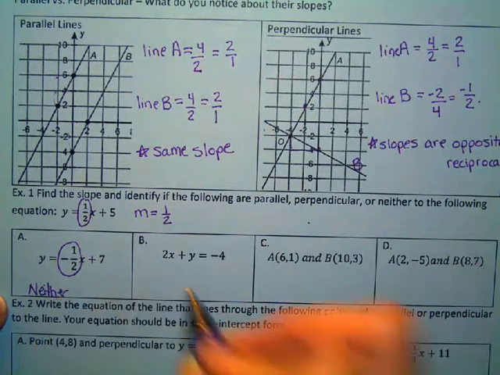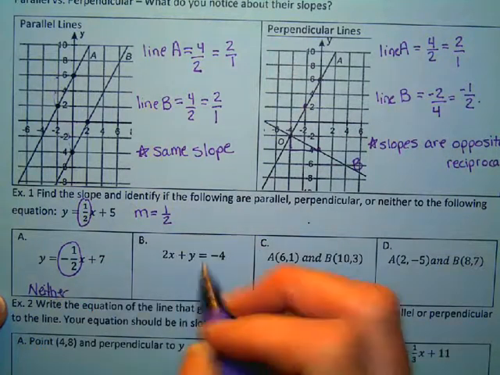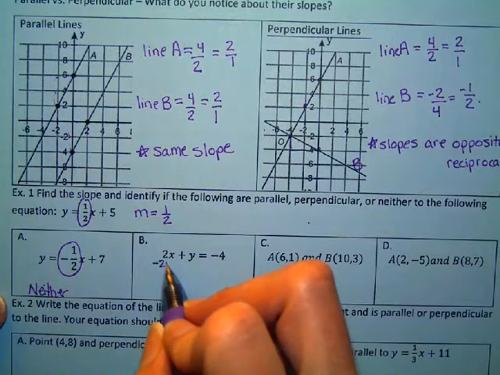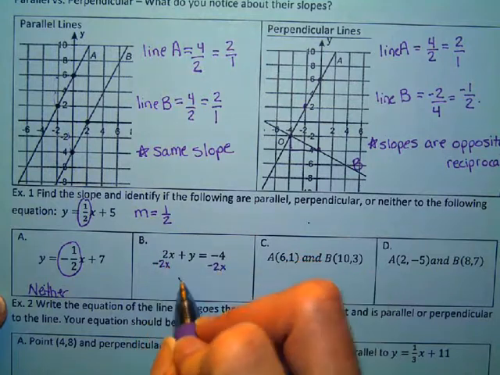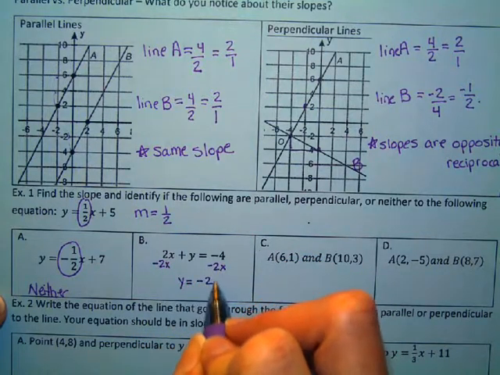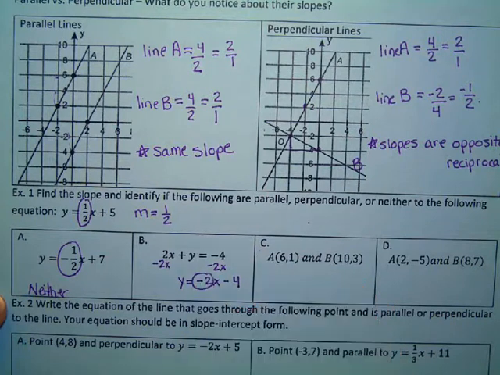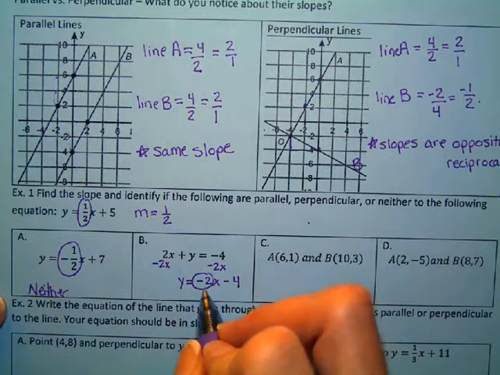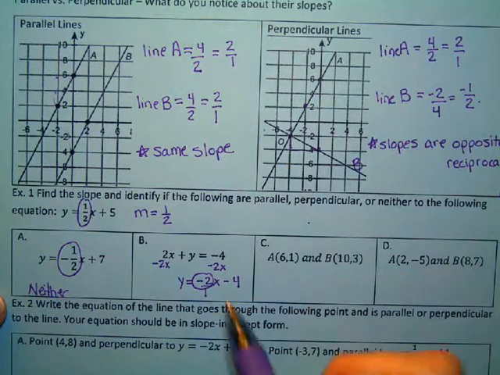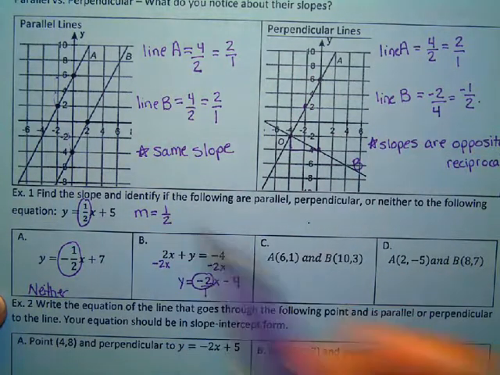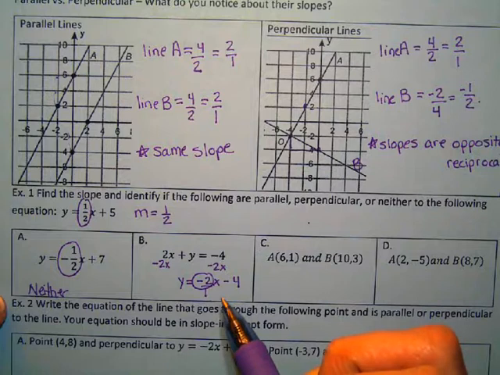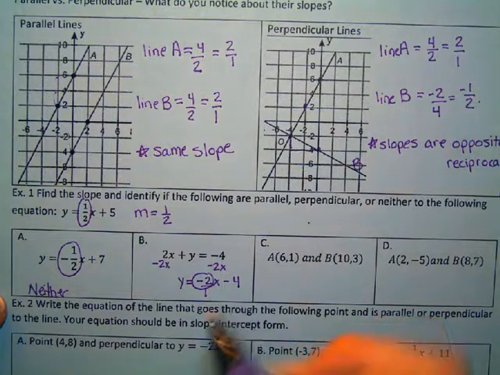This one I don't have y by itself yet, so I'm going to subtract 2x to the other side. So now my slope is negative 2, and remember to make that a fraction, we put it over 1. So negative 2 over 1 compared to 1 over 2, well, they are flipped, and they are opposite. So opposite and flipped means they are perpendicular.